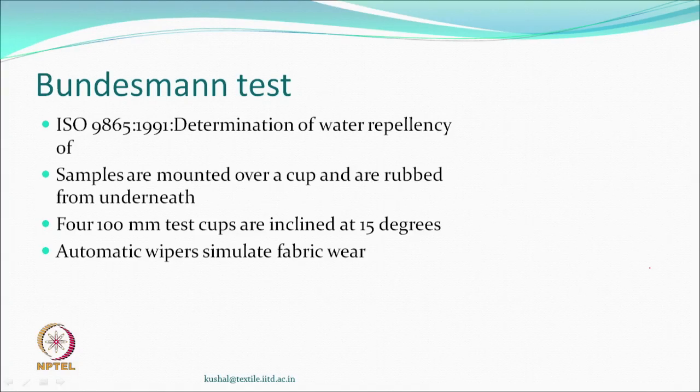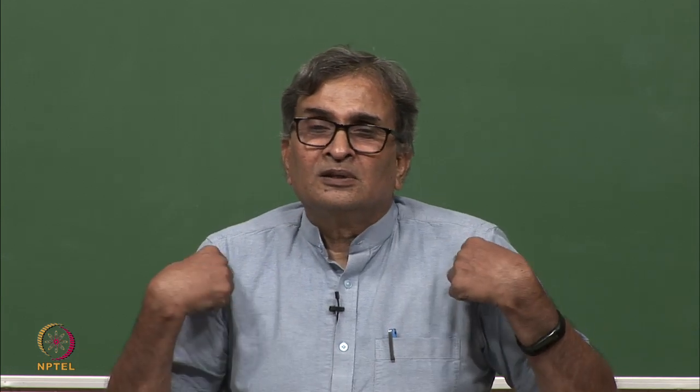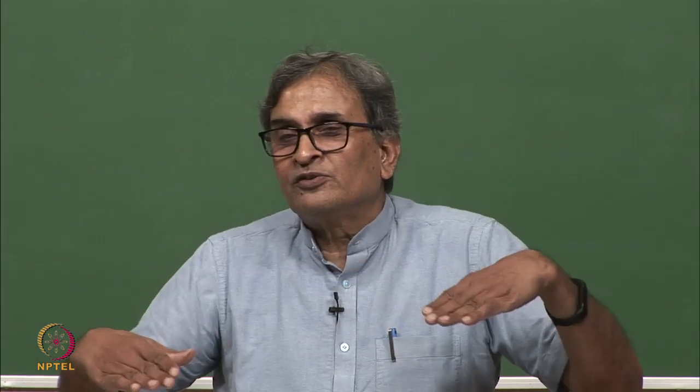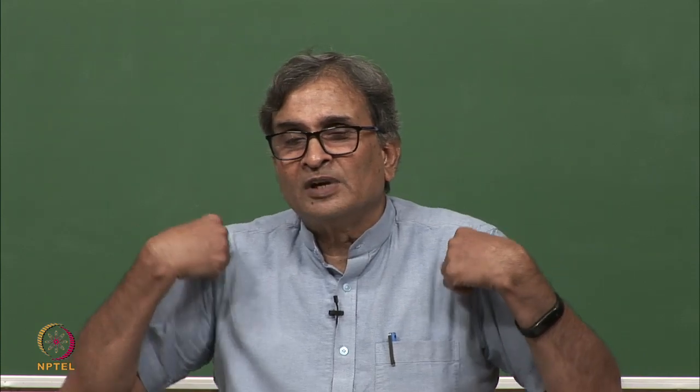Another test method also people have used, and there are standards available for this type of test. It is called the Bundesmann test, and what exactly it does is it tries to simulate a condition like you are walking in the rain. The textile is not fixed, it also moves relative to your motion.